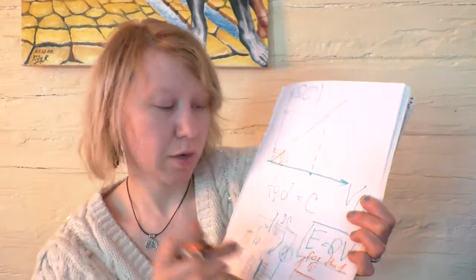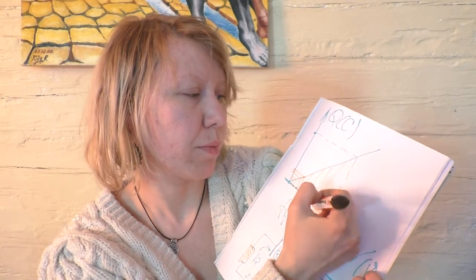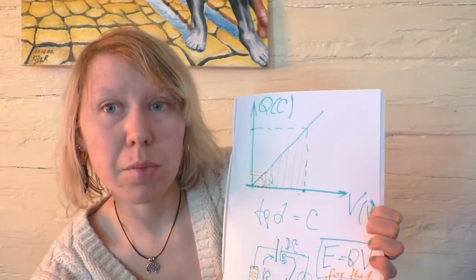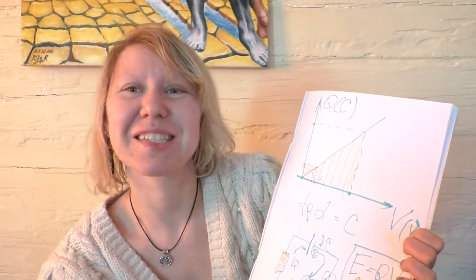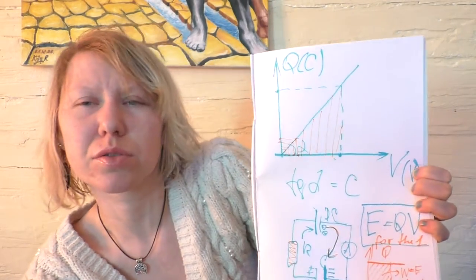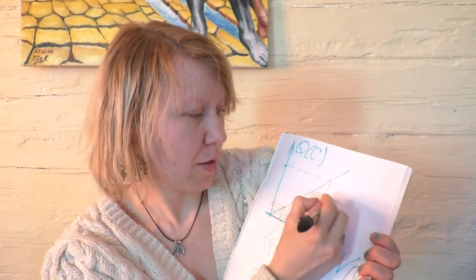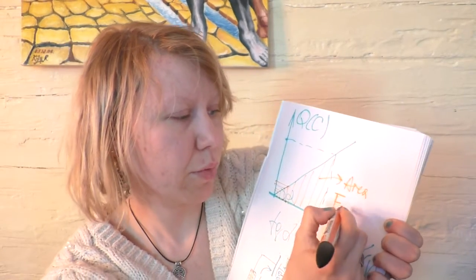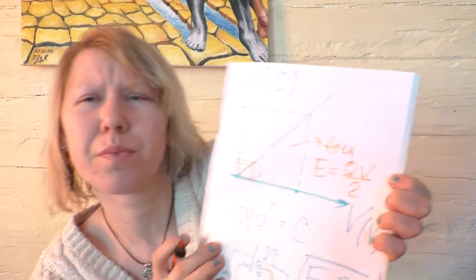When we have a capacitor, we have a different plot, but the idea is the same: to count the energy of the capacitor, meaning the work done by the current that puts electrons on the capacitor. We need to count the area, and here the equation will be QV divided by 2.